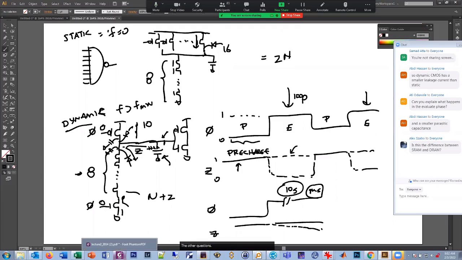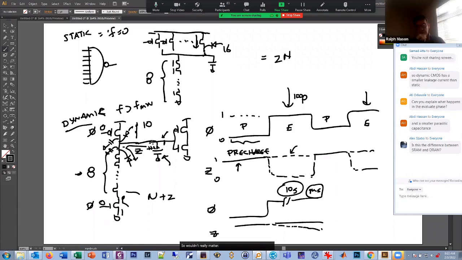Wouldn't the leakage current depend on how many transistors you have? If you're comparing 8 to 16, I would think the leakage current in the static would technically be larger, but just being refreshed more, it wouldn't really matter. Oh, I'm confused now. Let's take this node with this capacitance. There's only one leakage current from this P channel, okay? And this N channel has one diode connected there.